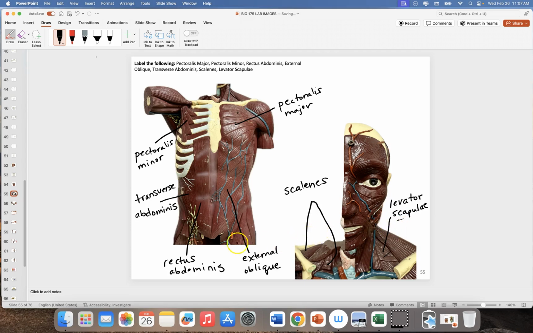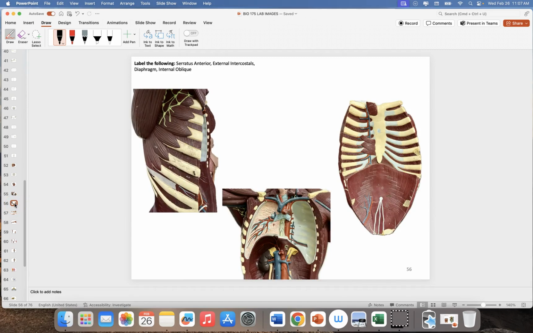Let's continue with the next slide here. And this is going to show us some additional views of that large muscle model. If we turn the muscle model to the side and again are looking at the deeper muscles, we can see these muscles here that almost look like serrations or teeth.